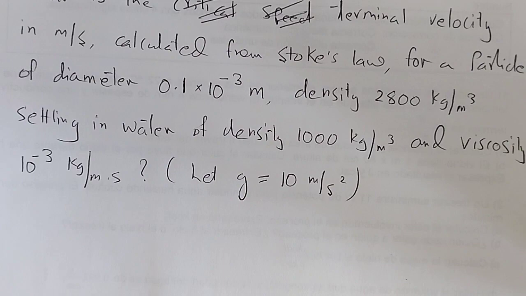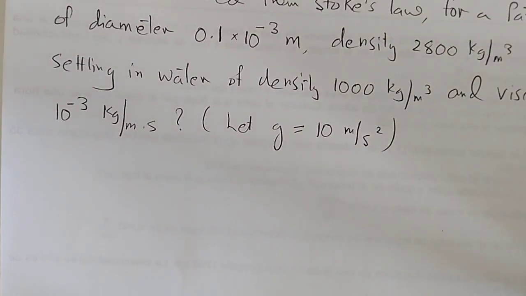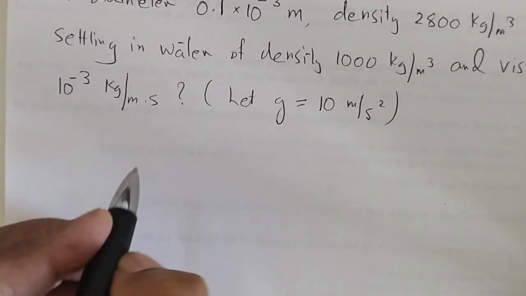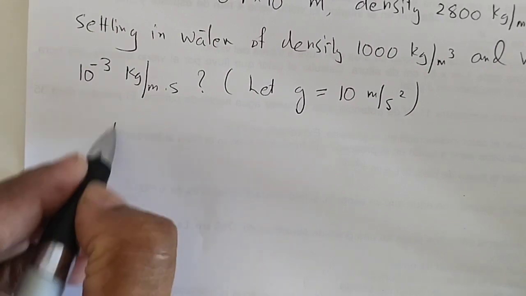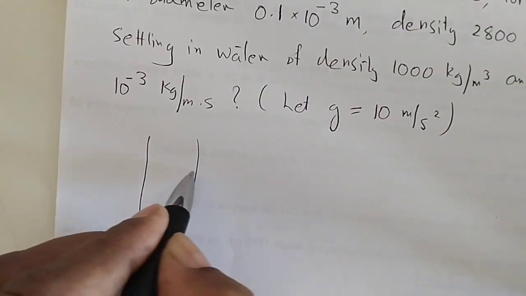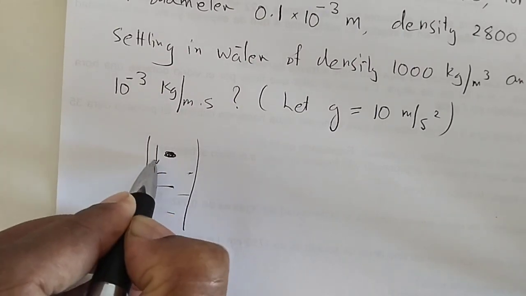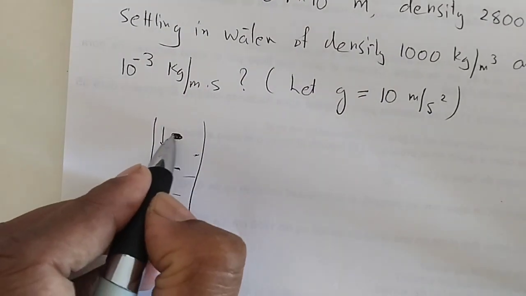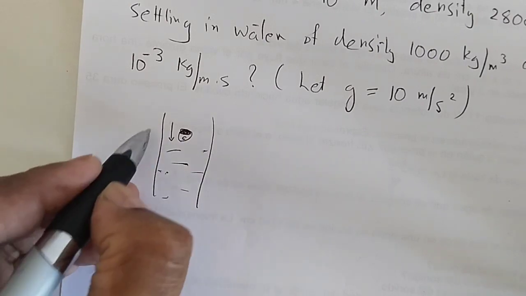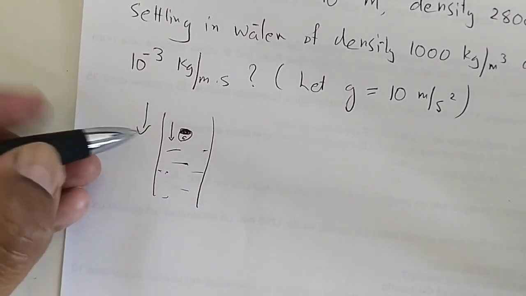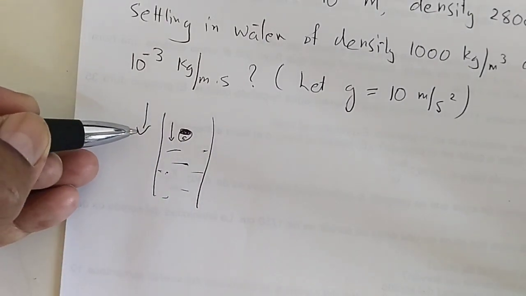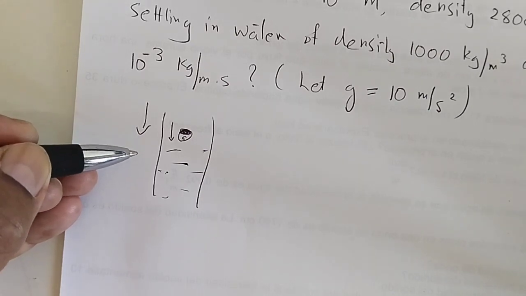I have already explained this in one of the videos. So terminal settling, now imagine this is in water and the particle is falling down. When the particle falls down, acceleration decreases.